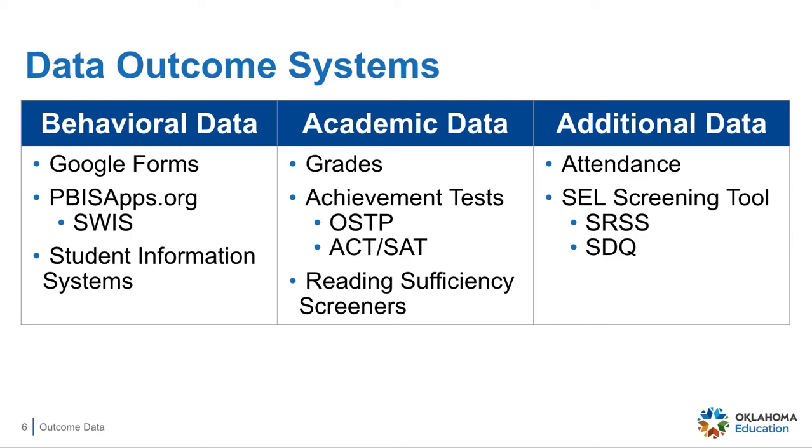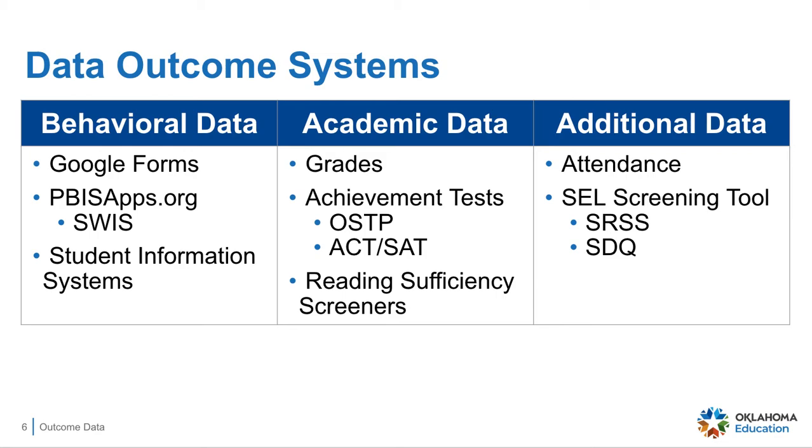Next, academic outcomes will improve when behavioral best practices and supports are implemented. This can be seen through improvements in grades, achievement tests, and academic screeners like those used for the Reading Sufficiency Act. Finally, attendance rates and chronic absenteeism are factors that teams may want to review, and also social-emotional data.